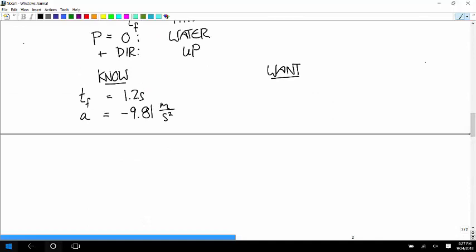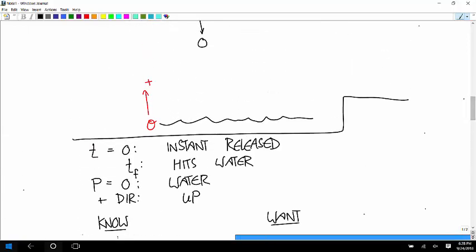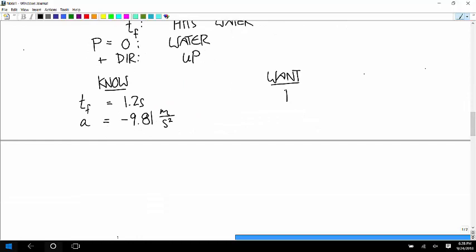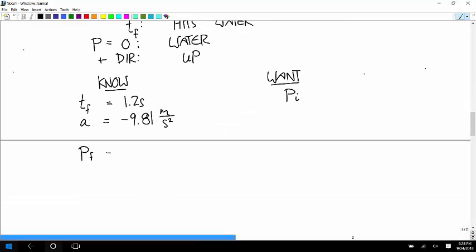Do we know the position of the rock at time equals 0? In this problem, that's the position that we're trying to find. What we know is the position at time final, and we're trying to solve for P initial. So P initial is the thing we're looking for, and P final is equal to 0. Any questions about that?